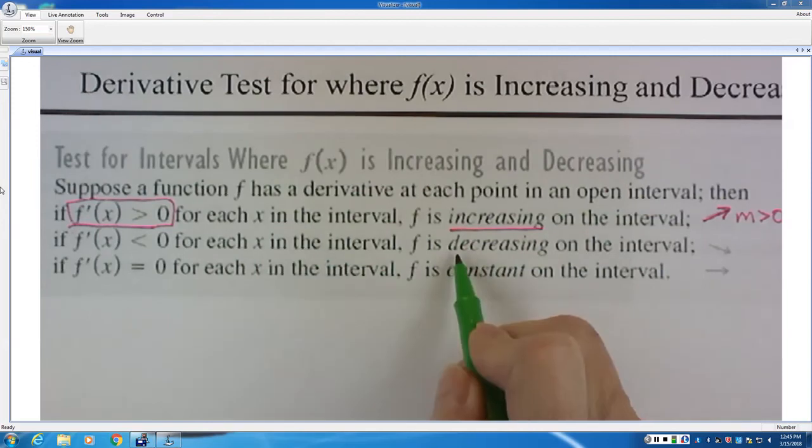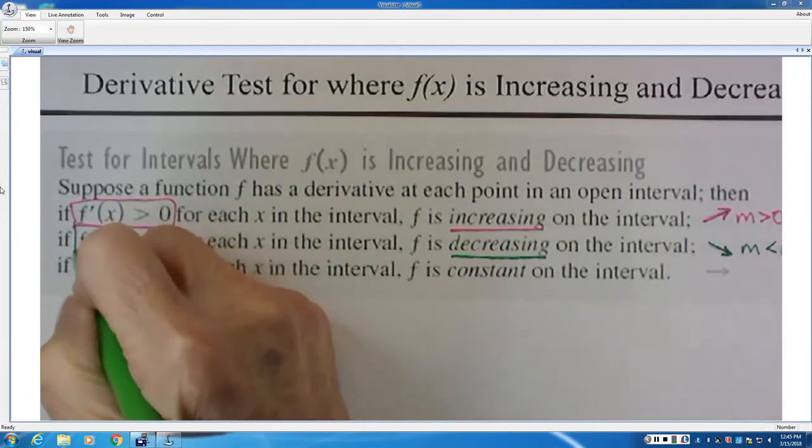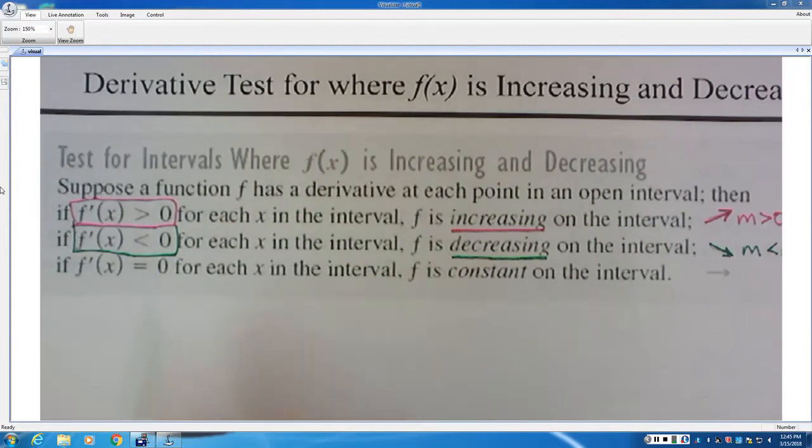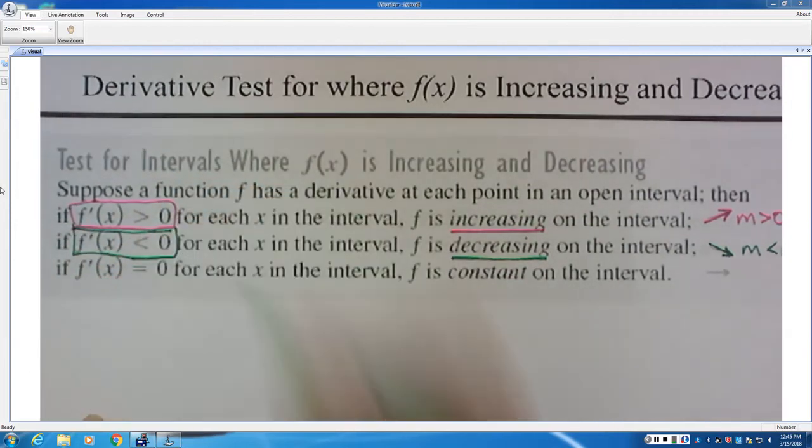By the same token, it will decrease on an interval when the slope is negative, which means in turn that since slope and the derivative are the same thing, the values of the derivative are going to be negative. That will tell you that the function is decreasing on that interval. Okay?